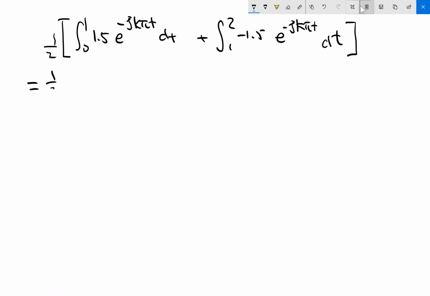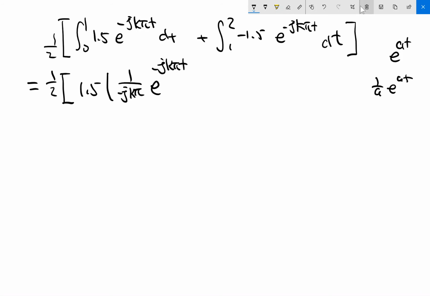So 1 over 2, as we know that the integral of e to the at should be 1 over a times e to the at, right? So this one becomes 1.5. Let's take this out, and inside is minus j. k is always considered a constant, so we'll take it here, k pi, and e to the power minus j k pi t, from 0 to 1, and this is something similar.